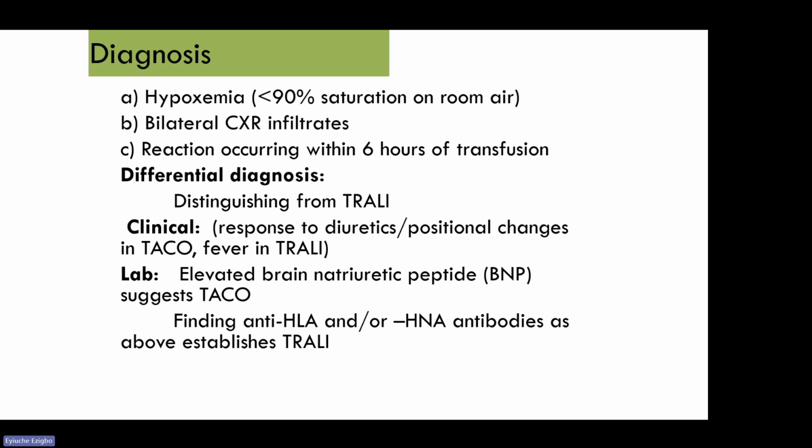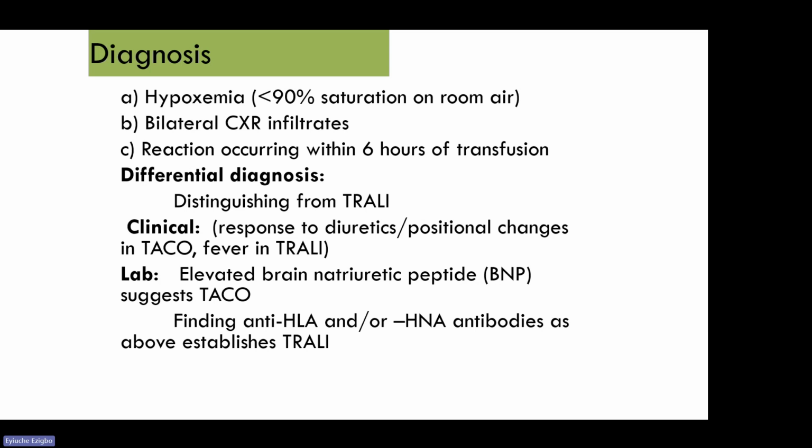Respiratory distress is involved in both of them, but that of TACO can respond to diuretics, and that of TRALI cannot respond to diuretics because there is an antigen reaction that is damaging the endothelial lining of the pulmonary capillaries, allowing fluid to leak.